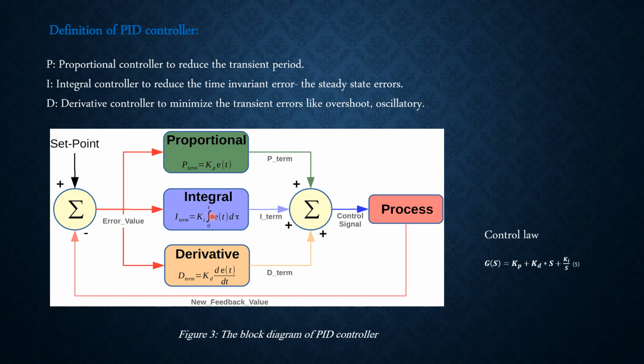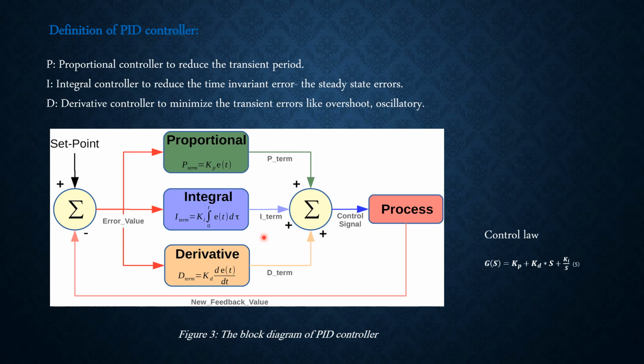And the last term is derivative, the D term. The derivative term considers the rate of change of an error. It can help dampen the system's response and reduce oscillations, enhancing stability. By tuning the three terms P, I, and D, engineers can achieve the desired trade-off between response speed, stability, and steady-state error.